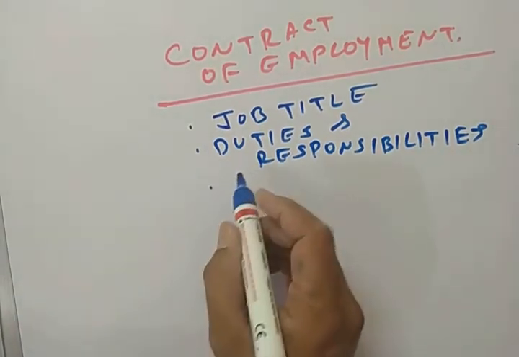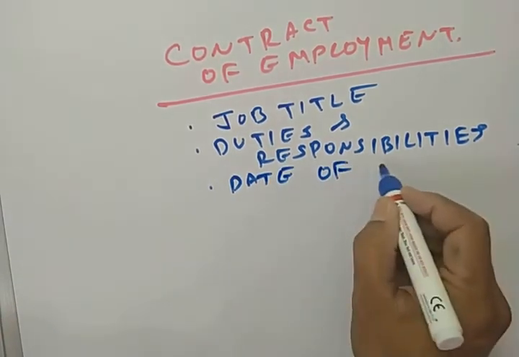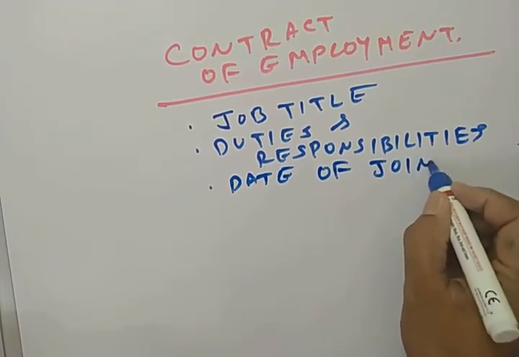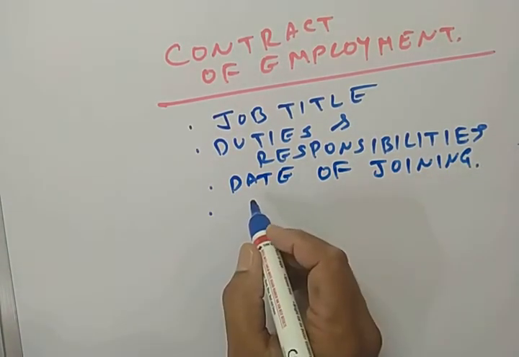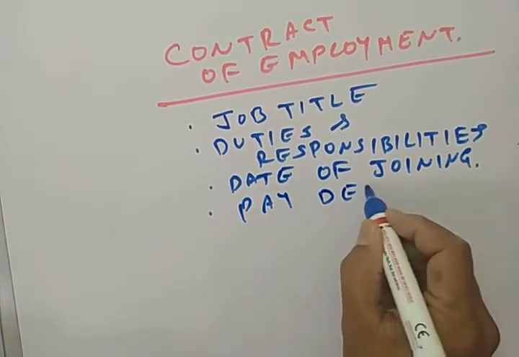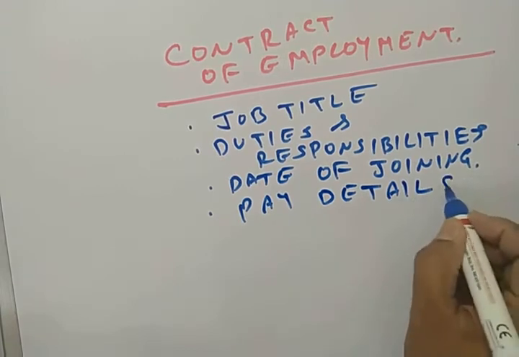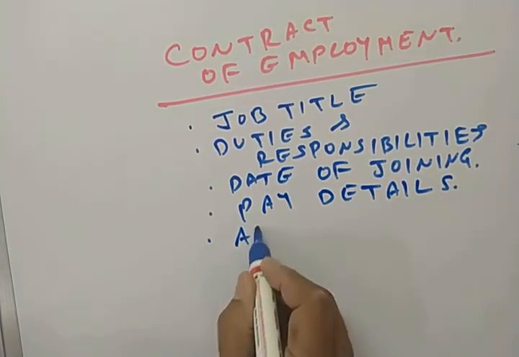Next is date of joining. Next is pay details. Next is allowances.